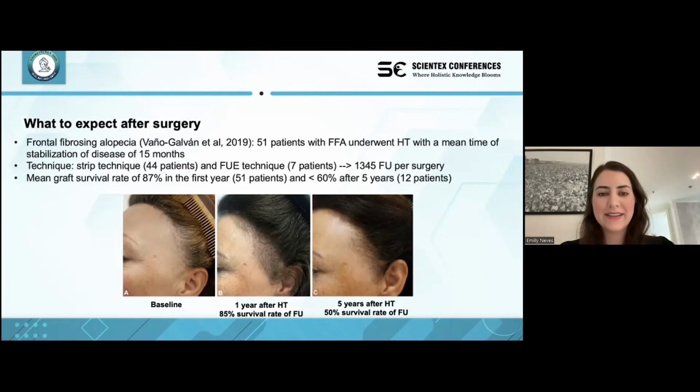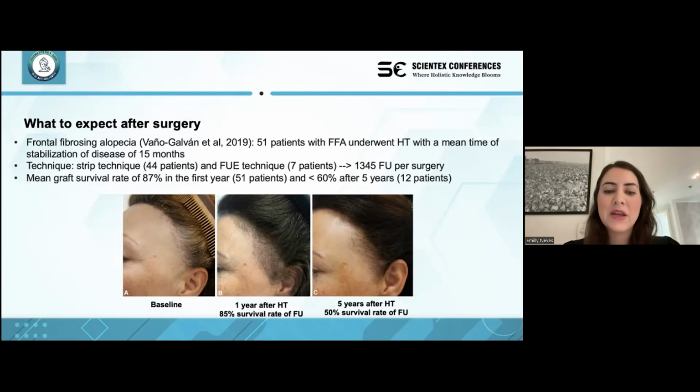Sure, it is a good survival rate, but when they analyzed the patients after 5 years, only 12 patients remained in the study. They observed that the follicular unit survival rate was less than 60%.